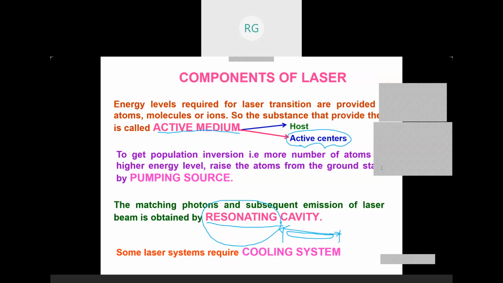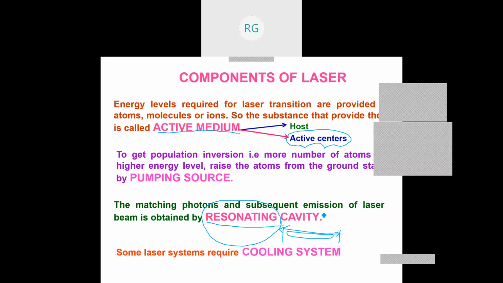For that coherence, we require a resonating cavity. We will see shortly in the coming slides what this is. And to decrease the heating because of non-radiative transitions and other transitions, we require a cooling system. These are the important aspects of any laser system.